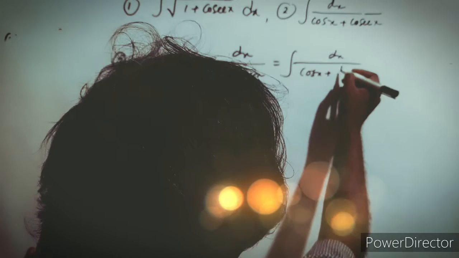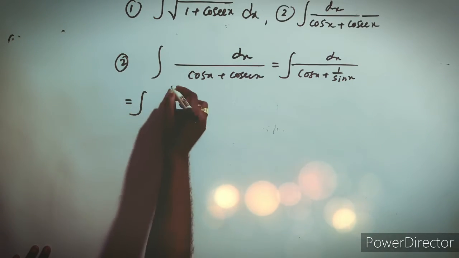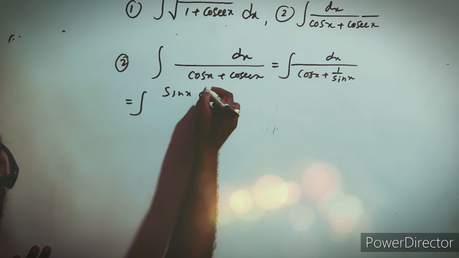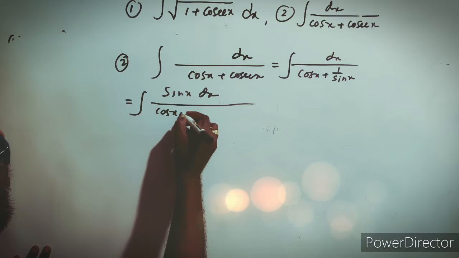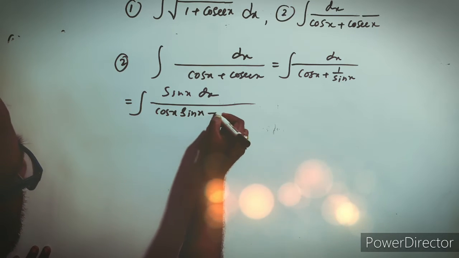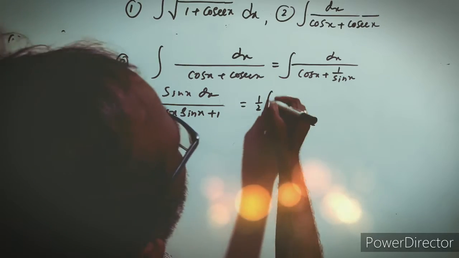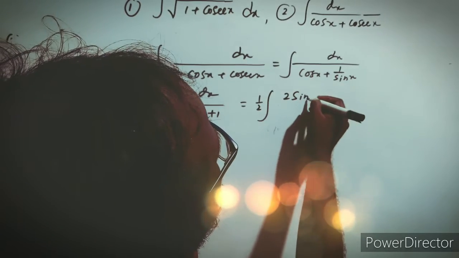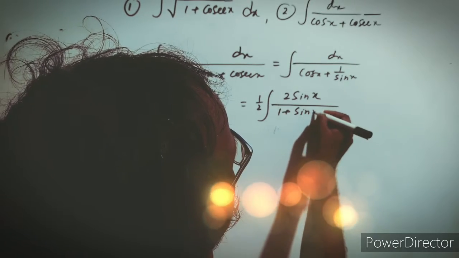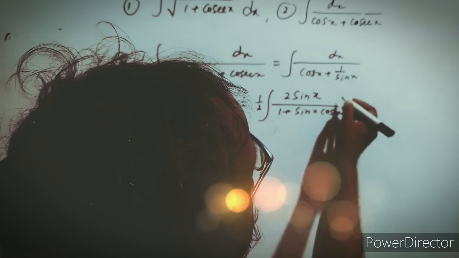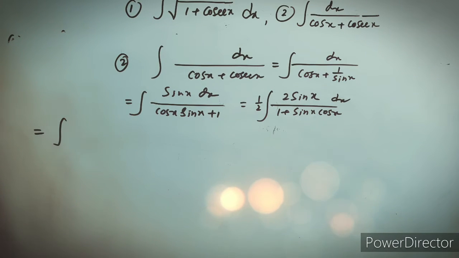Cos x plus 1 by sin x gives sin x over cos x sin x plus 1, which is half, twice sin x, over 1 plus sin x cos x, and dx.